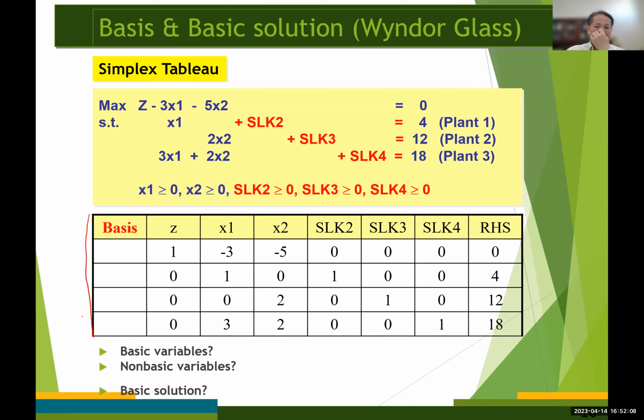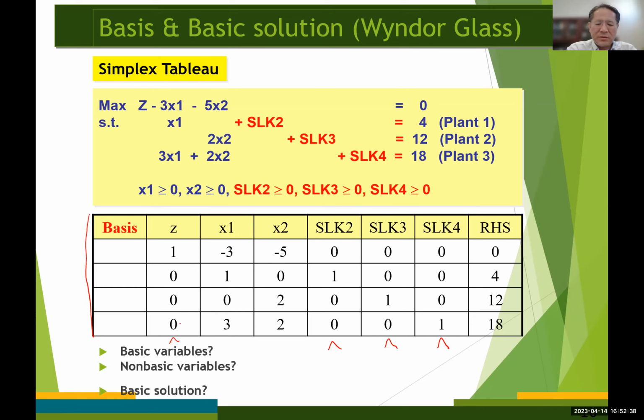Any column corresponding to a basic variable in the simplex table should have only one non-zero element, which is 1, and all others must be 0, right? That happens in the slack 2 column, slack 3 column, slack 4, and also the G column.